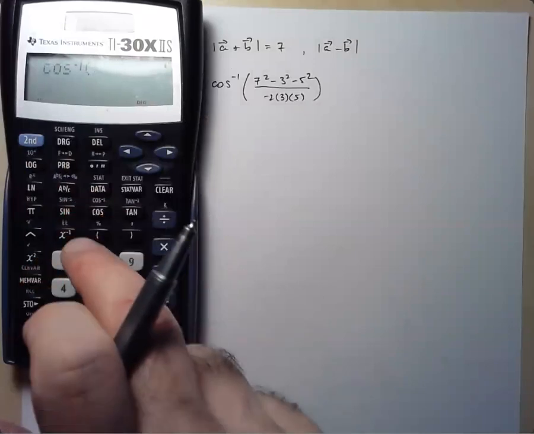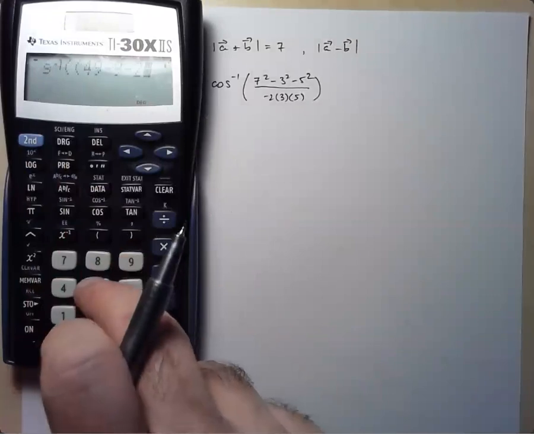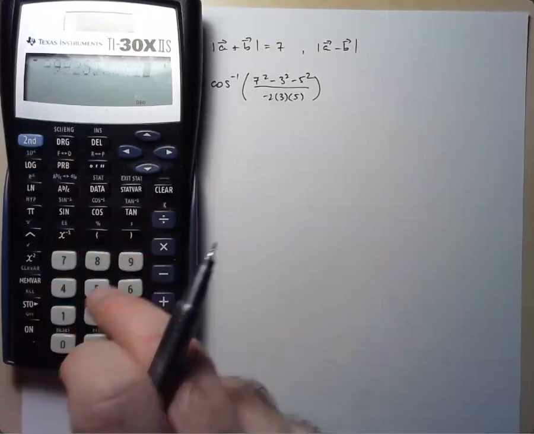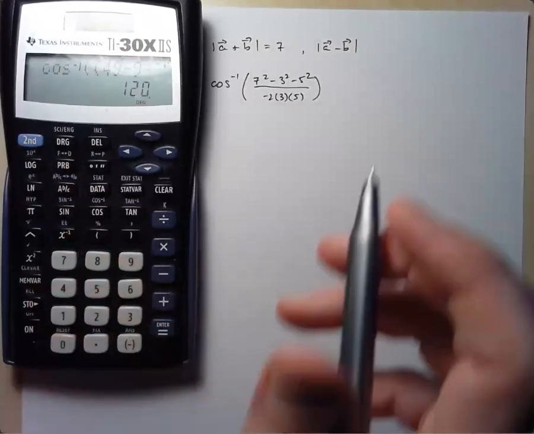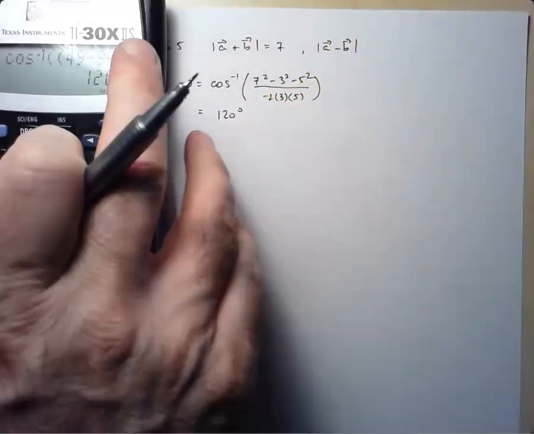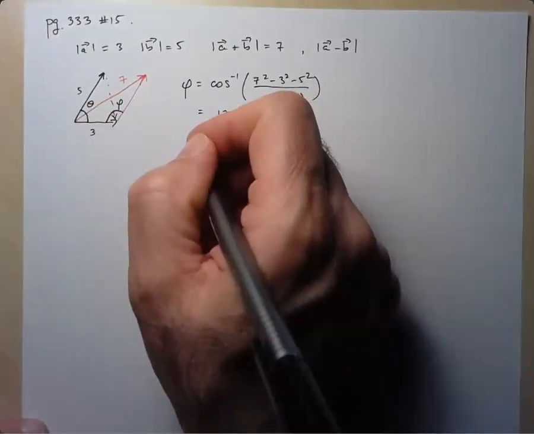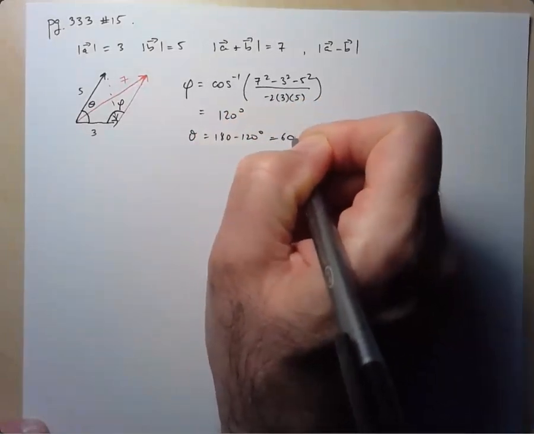We have 49 minus 9 minus 25, divided by negative 2 times 3 times 5. Always the nice angles with this book. That angle phi is 120 degrees, which means that theta is 180 minus 120, so 60 degrees.